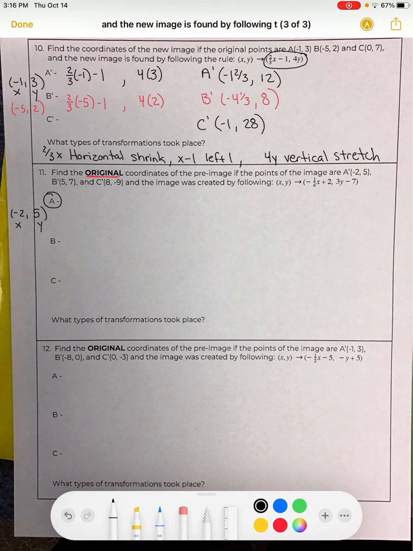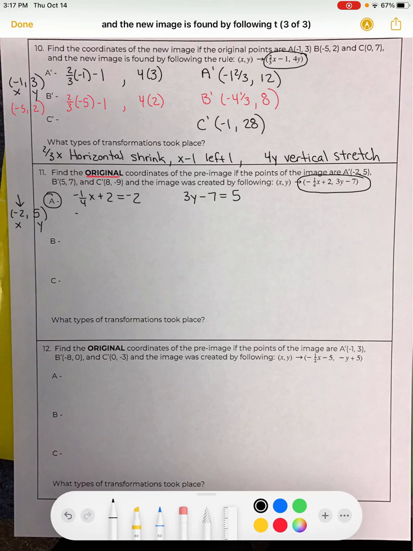This is what you set the y problem equal to. So -1/4 x plus 2 equals -2. Again, I'm using these x values right here to set the problem equal to the x. We'll set up the equation for the y to solve would be 3y minus 7 equals 5. So taking your rule and setting it equal to it instead of plugging it in, because we need to work backwards to solve to find the original points.